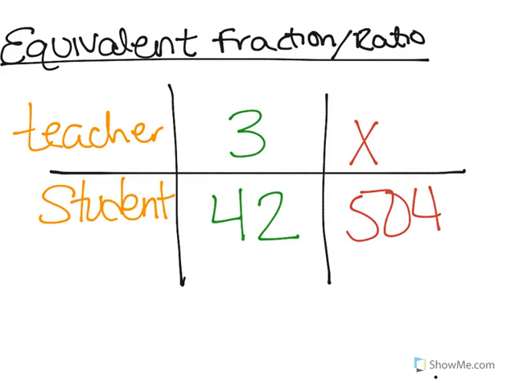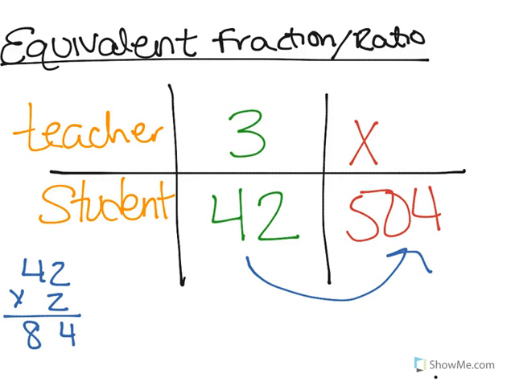And I asked myself, how many times does 42 go into 504? Well, that's a big number, and I don't know my facts, so I'm going to multiply it out. 42 times 2 gives me 84. 42 times 3 gives me 126. So let me keep going. I know if I multiply by 10, it gives me about 420.